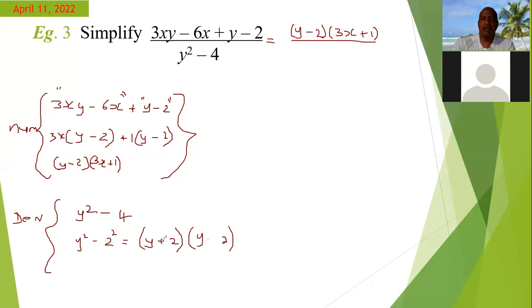All right, good. So for the denominator in the factorized form, we would have y plus 2 times y minus 2.